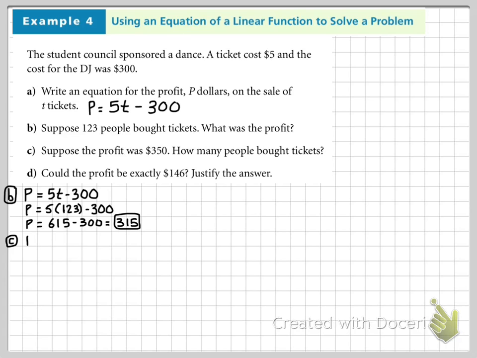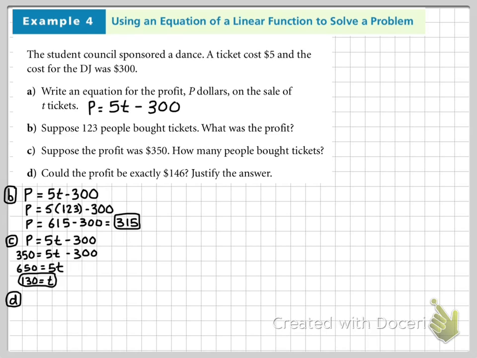So this time we're going to take our equation, and we're going to substitute $350 for P. This time I'm going to add 300 to both sides of my equation. Now I can divide both sides by 5, and T is going to be 130 tickets that have to be sold before I can earn $350.